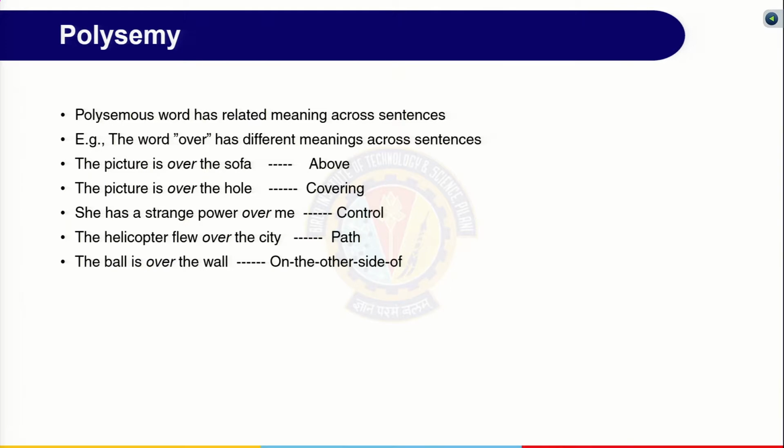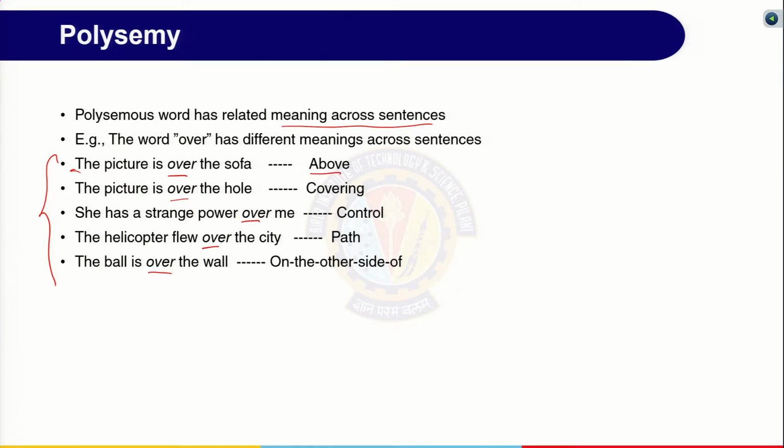And then we have a different category of words called polysemous. Polysemous words have related meanings across sentences. So if you look at these examples here, I want you to keenly observe the word over that has been used in various different contexts across sentences. For the first sentence, the picture is over the sofa, the word over is used in the context of above.